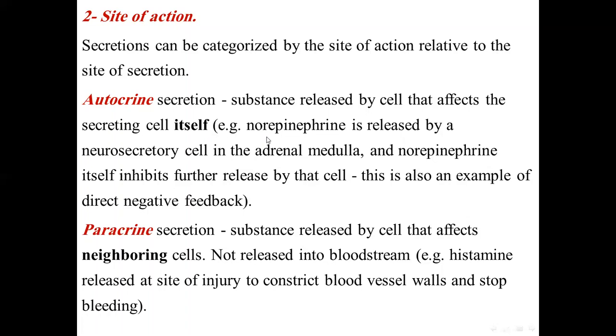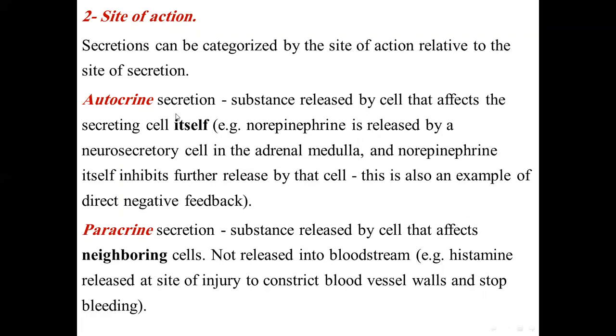Okay, and we have paracrine secretion. What does that mean? Paracrine is a substance released by the cells that affects neighboring cells. There is no need to go outside into the blood and then act at a distance; it acts on the neighboring cells.